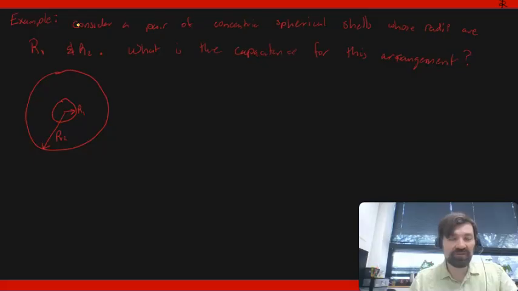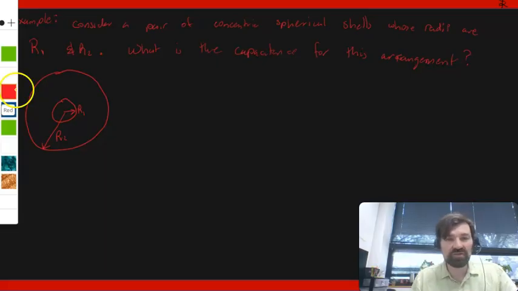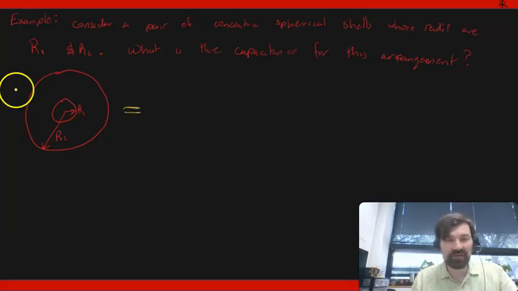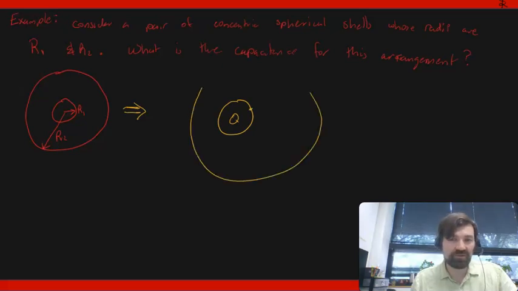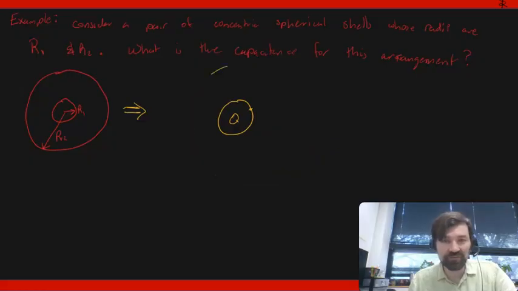So what we need to do is figure out what happens if I put some charge Q on these shells. Let's draw a little arrow to a new diagram. I'm going to put a charge Q on one of the shells, and thus a charge of negative Q on the other shell.